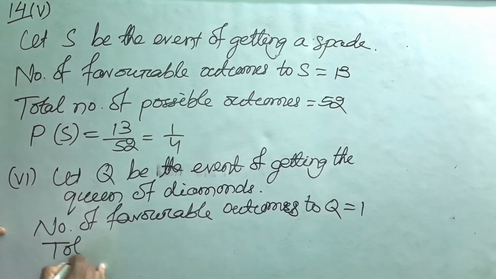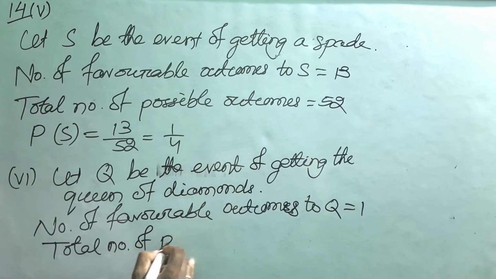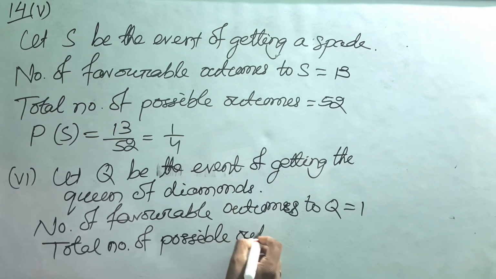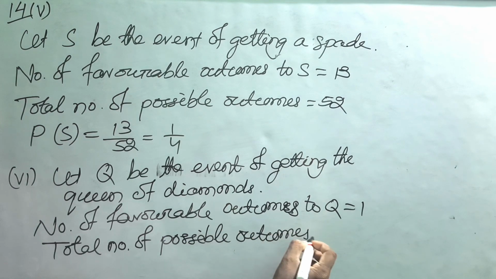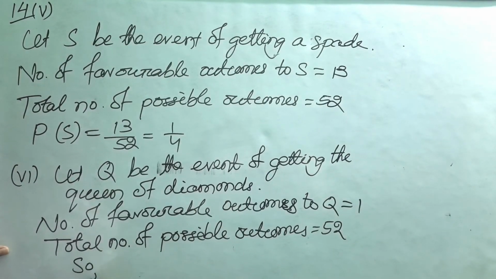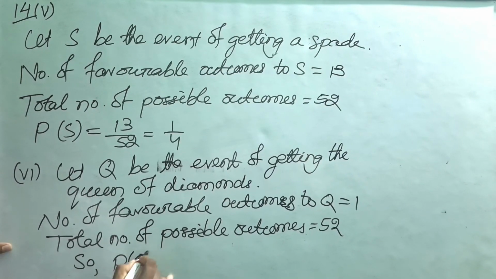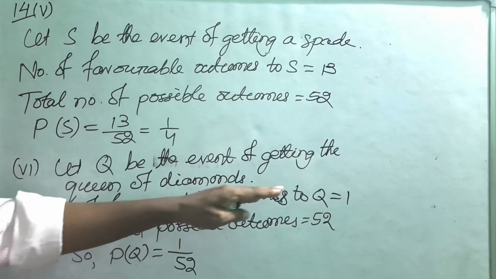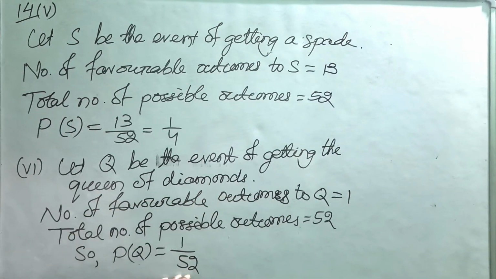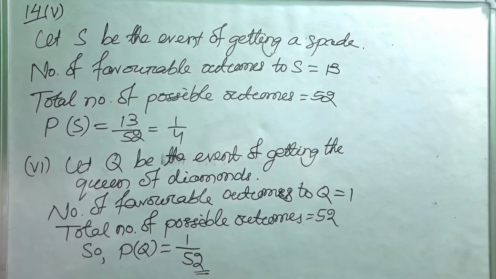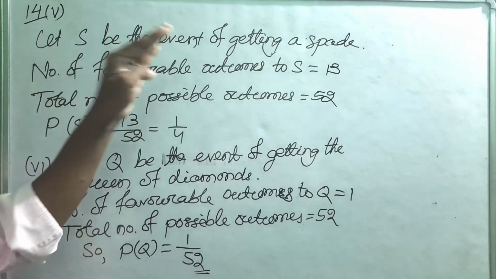Then the total number of possible outcomes is 52. So the probability of Q is equal to 1 by 52. Number of favorable by total number of possible outcomes. So 1 by 52. So this is our answer. In this way you can solve this type of questions.